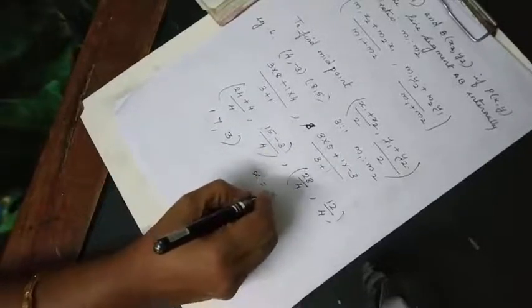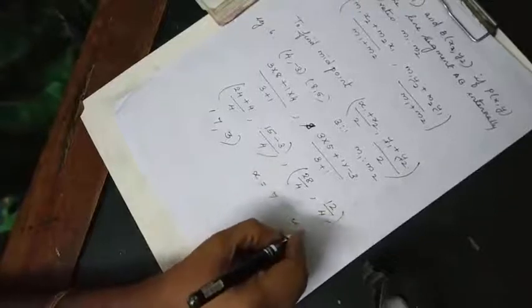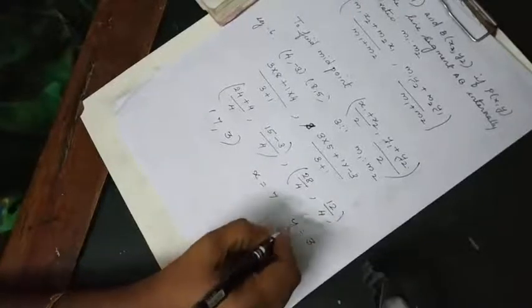So the x coordinate is 7 and the y coordinate is 3.